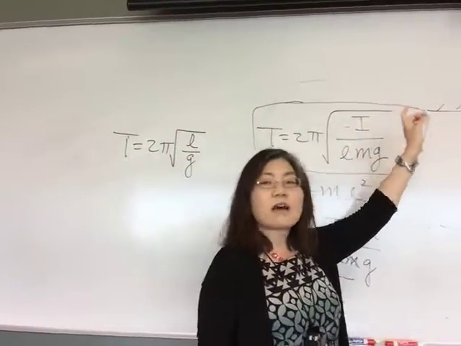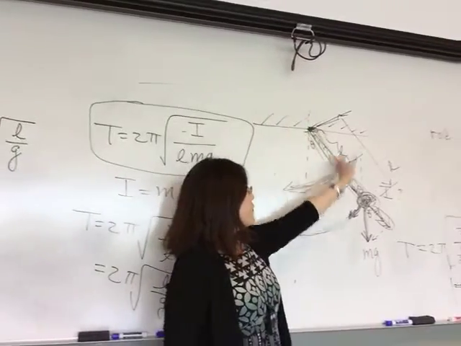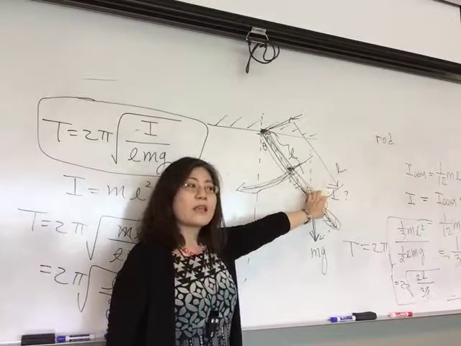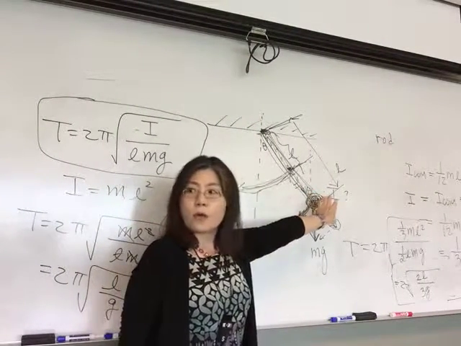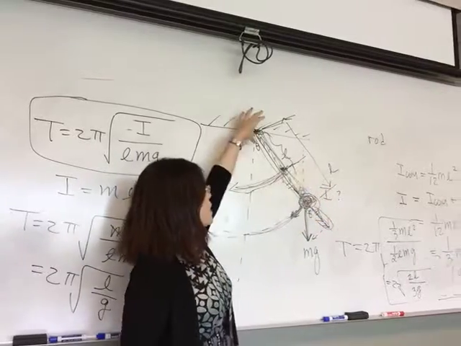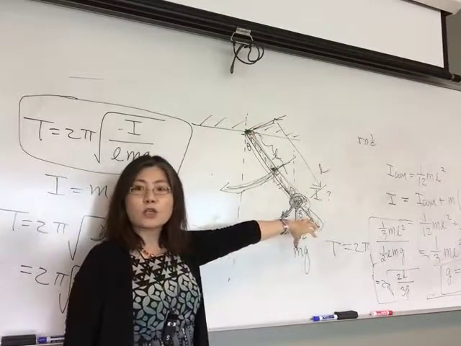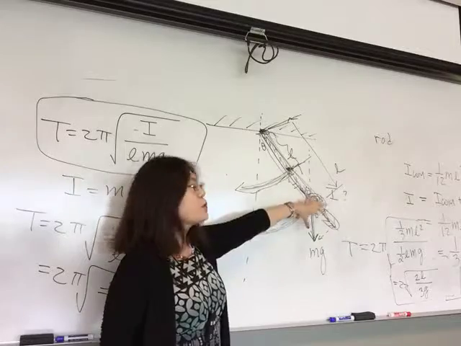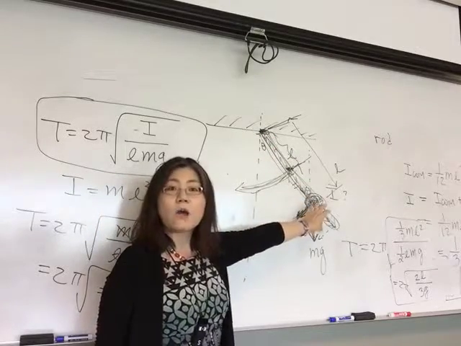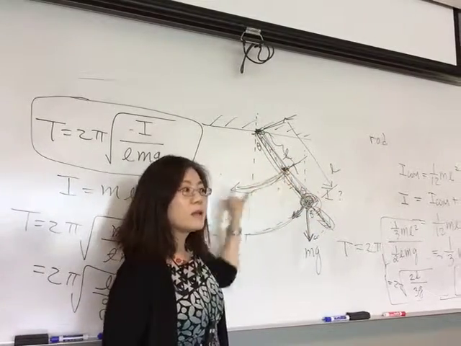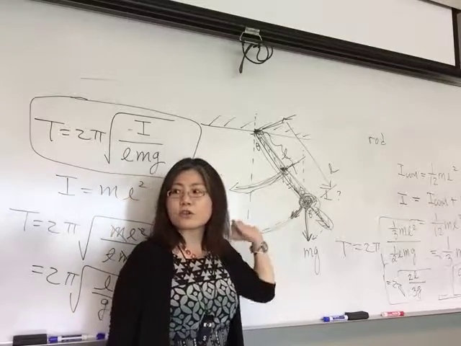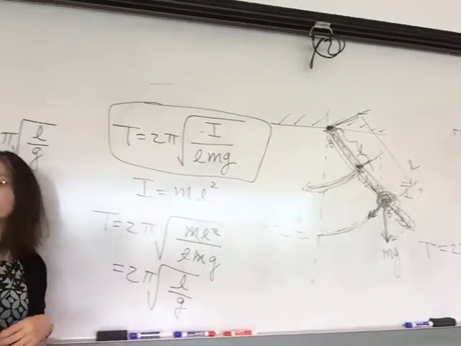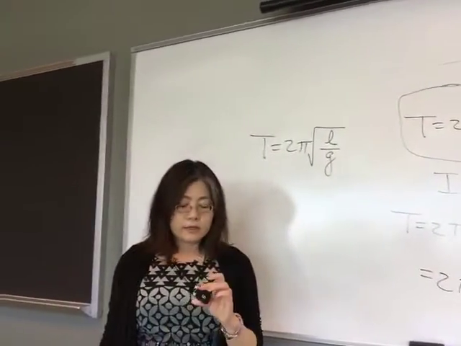When you just have a simple pendulum, the mass is located here, so this is where the central mass is, if you want to look at it that way. When you have a physical pendulum, the mass is uniformly distributed along the entire rod, so the central mass will be the one to find the rotational inertia. Okay? All right. So that concludes this.